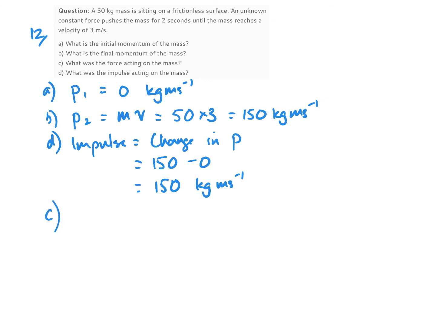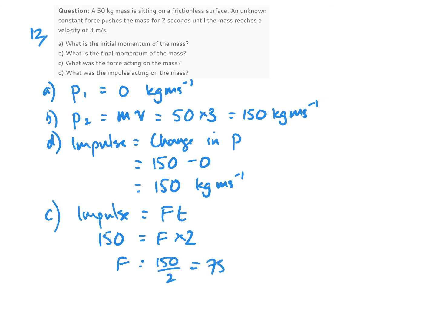Then I'm going to go back and do C, and we know that impulse equals Ft, and we now know that's 150, and it's applied for 2 seconds. So F equals 150 divided by 2 equals 75 newtons.